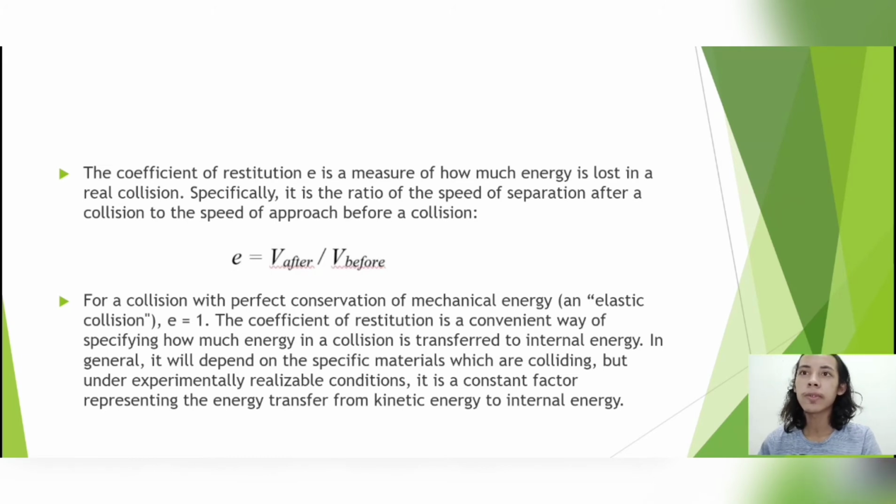The coefficient of restitution is a convenient way of specifying how much energy in a collision is transferred to internal energy. In general, it depends on the specific materials which are colliding, but under experimentally realizable conditions, it is a constant factor representing the energy transfer from kinetic energy to internal energy.